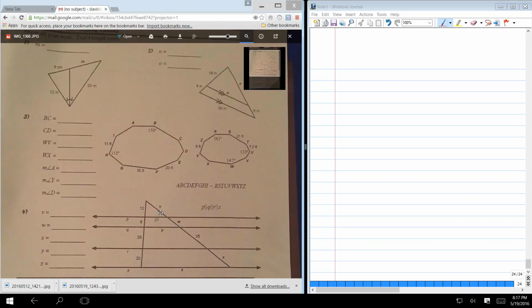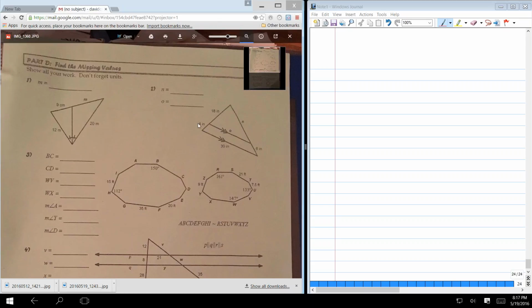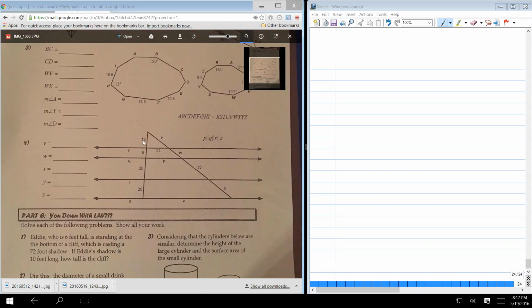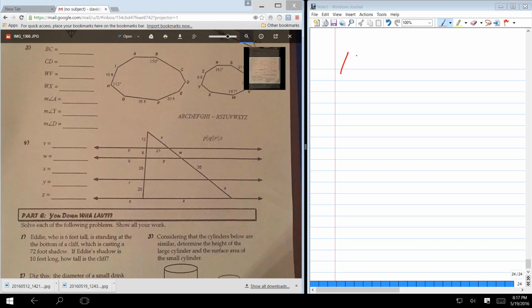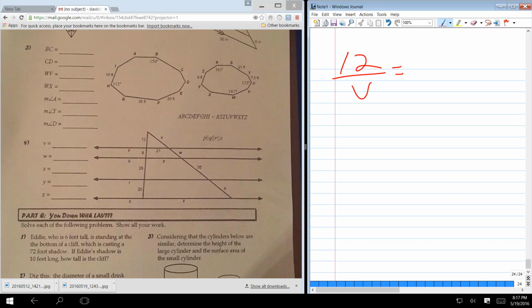So we already figured out that 18 is to n as 4 is to 6. That's a true statement. Well, what can we say here? We can say that 12 over 21 is a good start. Let's just be consistent. 12 is to v as what? Is equal to 28 over 35.